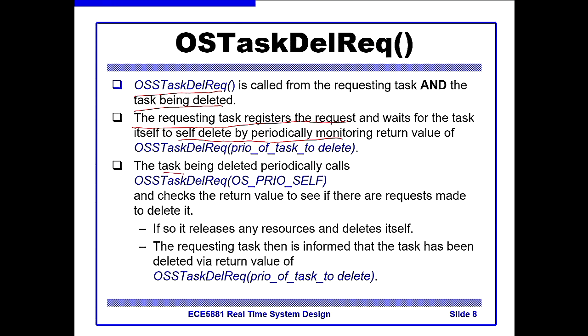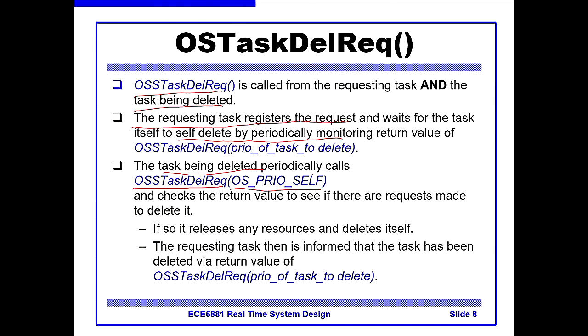So the task being deleted, the guy that's going to be destroyed, has to periodically check, has someone asked for me to be deleted? And that's what this call here does, OS task delete request, but calling with this special constant called OS prio self. That's a priority that's saying, I'm talking about myself here, without referring to an actual priority number, you just say it's me.